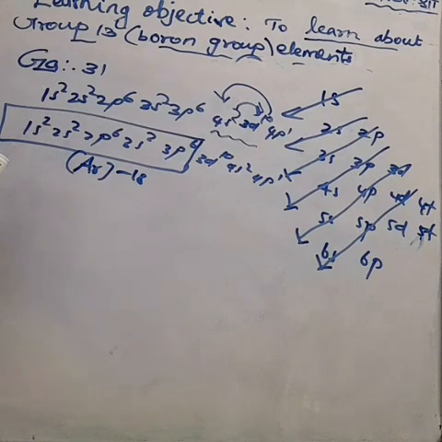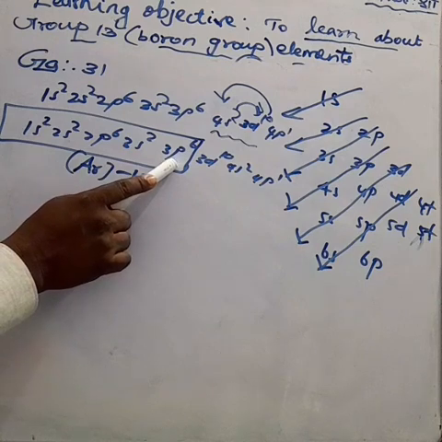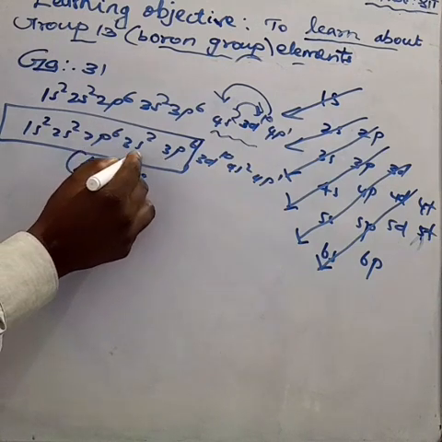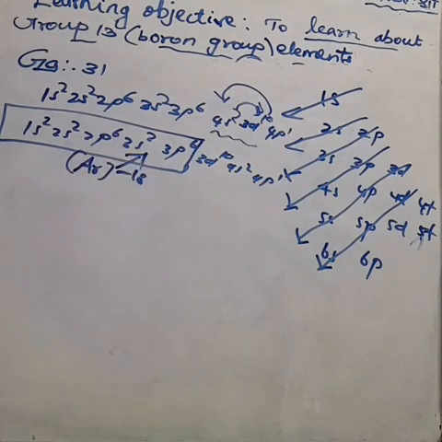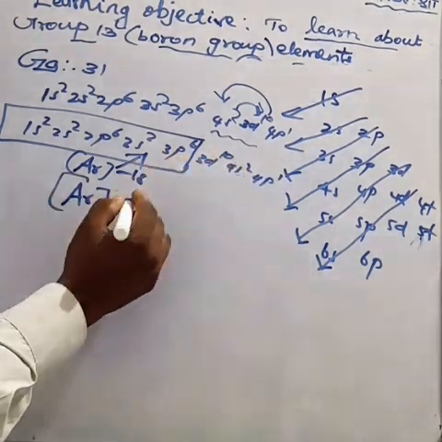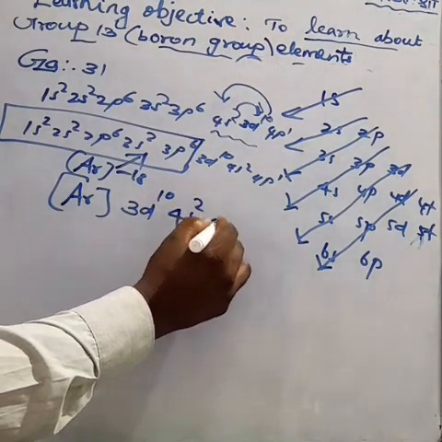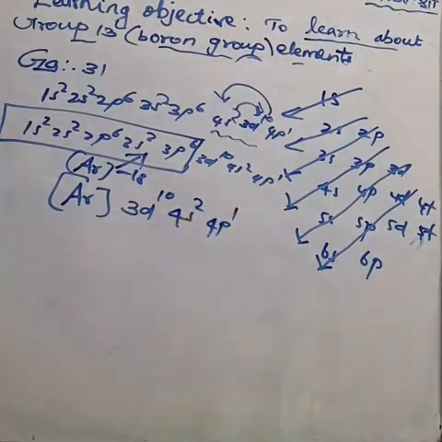Argon EC is equal to 1s2, 2s2, 2p6, 3s2, 3p6. This much goes to argon, so for writing this much you have to write argon. Who is the remaining? 3d10, 4s2, 4p1. This is the short form of the electronic configuration of gallium.